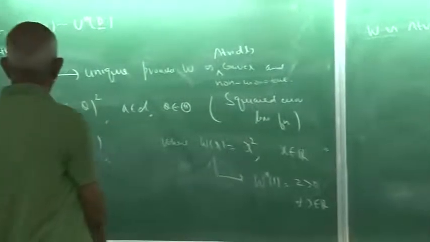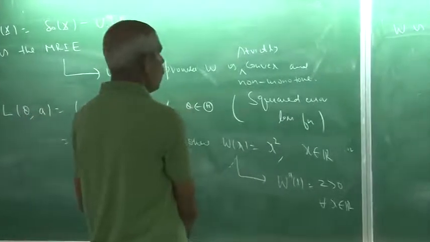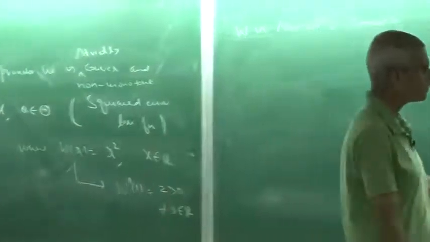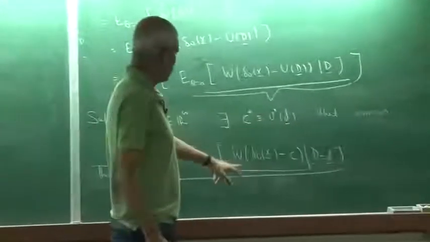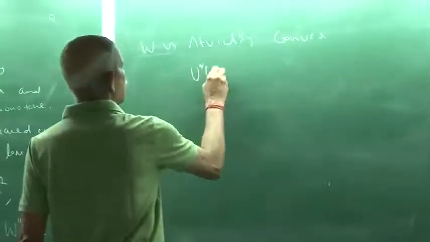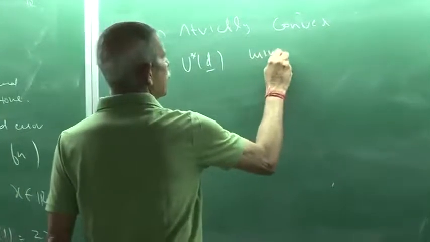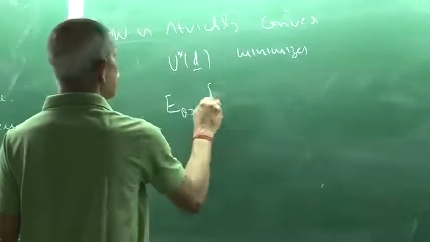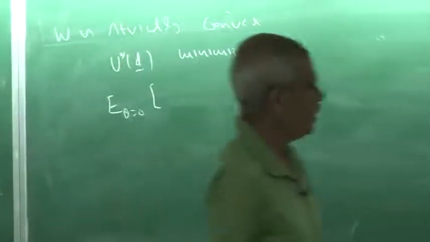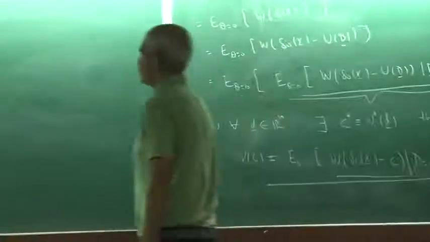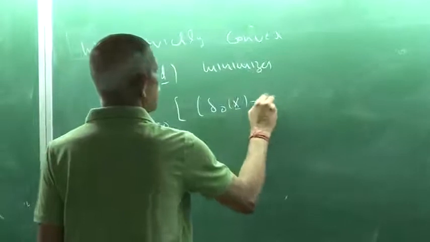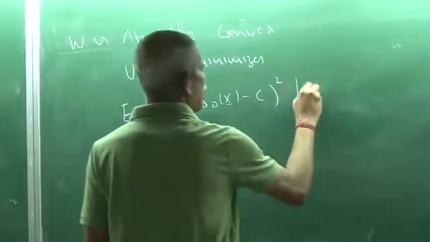So what is the minimizing thing over here? So u star d minimizes the expected value, at theta is equal to 0, of delta naught x minus c whole square given D is equal to d.